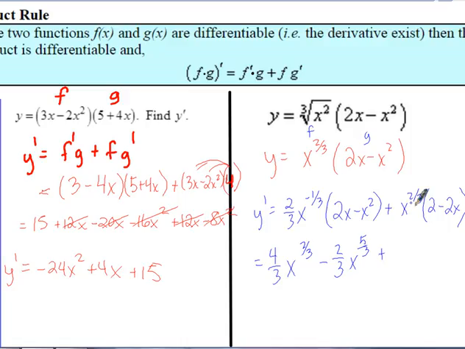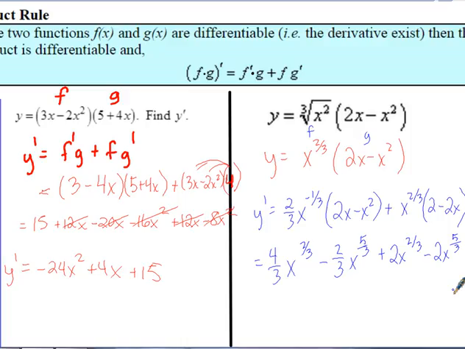Plus, and then here, what's going to happen? 2x to the 2/3 minus 2x to the, so it's 2/3 plus 1, so it's actually 5/3. Can I combine things here? Yeah, I have like exponents, right? It's like if they were both squared, I would combine them. Do you see that I have an x to the 2/3 and an x to the 2/3?